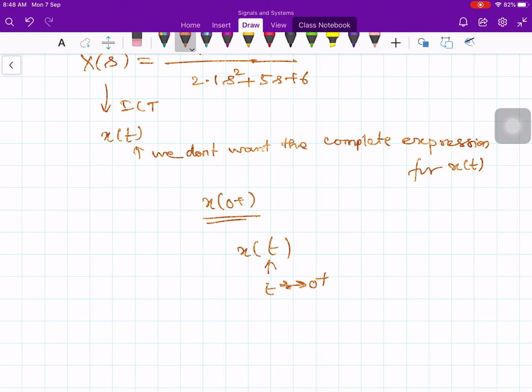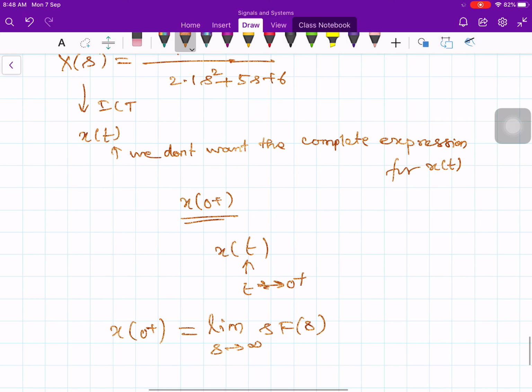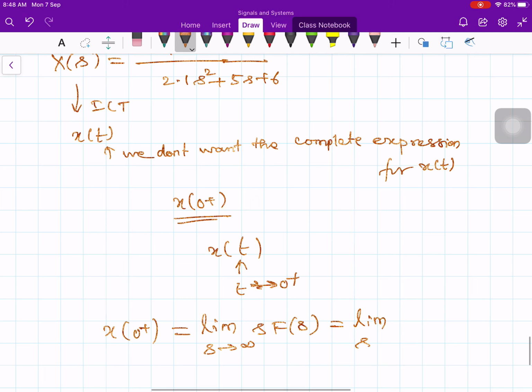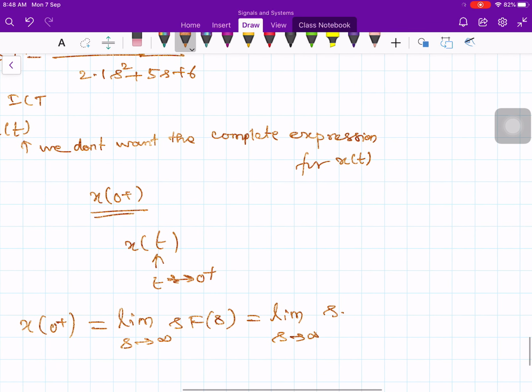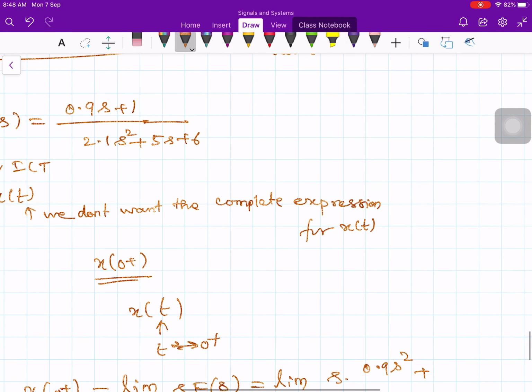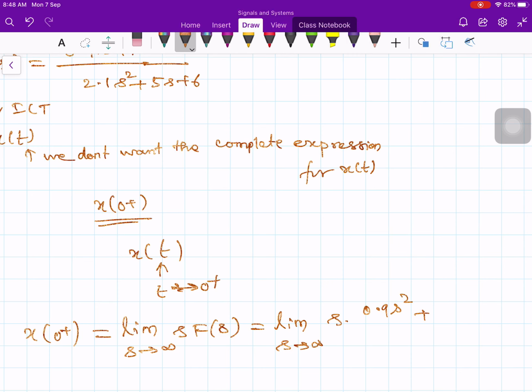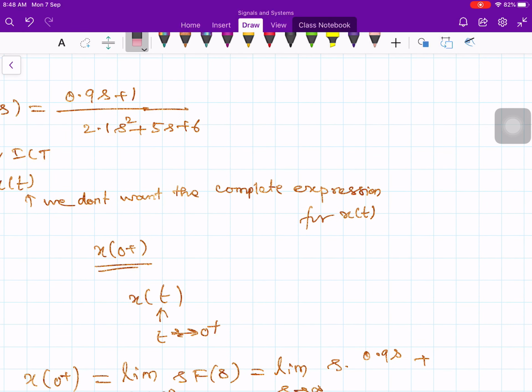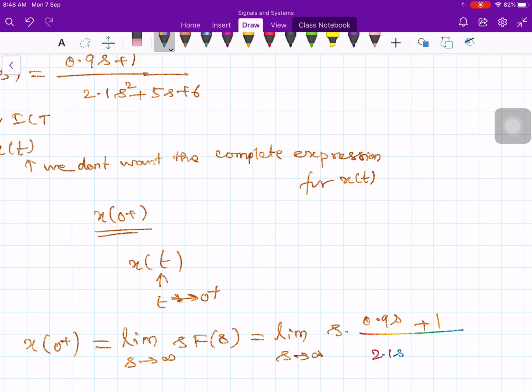Therefore, x(0+) is equal to the limit as s goes to infinity of s times X(s). So the limit as s approaches infinity of s times the whole expression, (0.9s + 1), divided by (2.1s squared + 5s + 6).